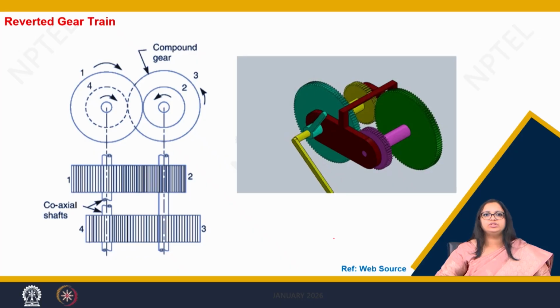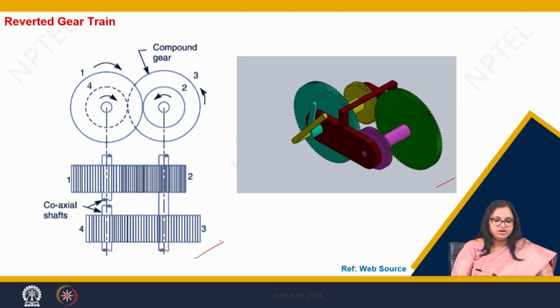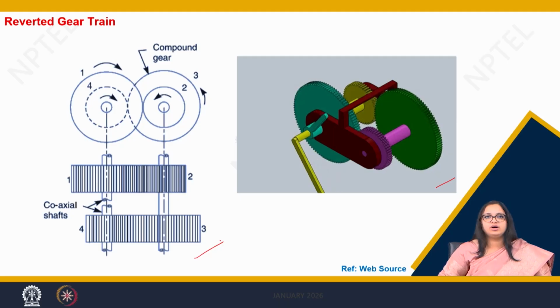Well, now coming to the reverted gear train, as I was trying to explain to you how this configuration looks like, you can see here a configuration which tells how a reverted gear train looks like. So here you can see there is one gear, which is gear 1, which is in mesh with gear 2.